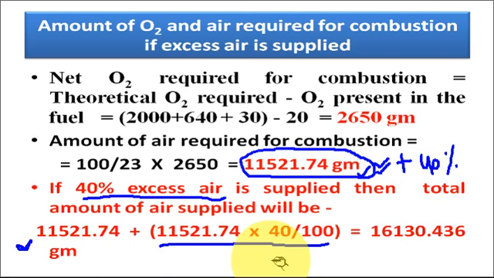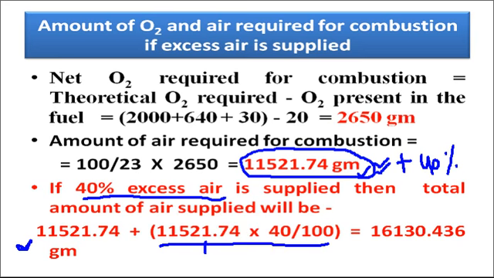To calculate the 40% of this minimum amount, we have to multiply the minimum amount of air required by 40 by 100. If it is 50%, then we have to multiply it by 50 by 100. If it is 45%, then we have to multiply it by 45 by 100. So whatever is the percentage, we have to multiply it by the minimum amount of air required.